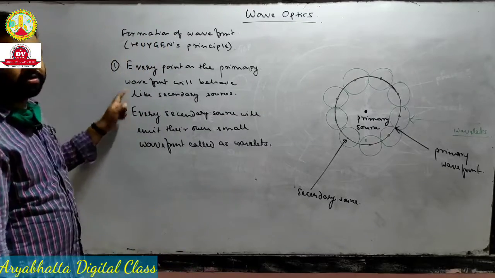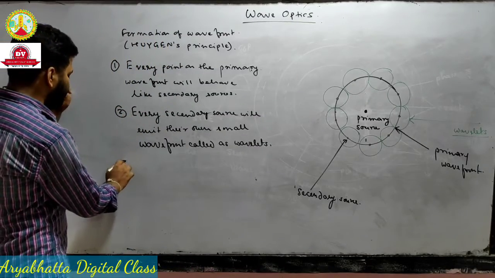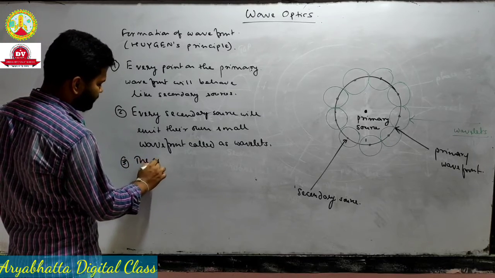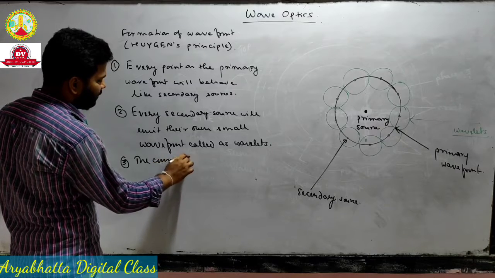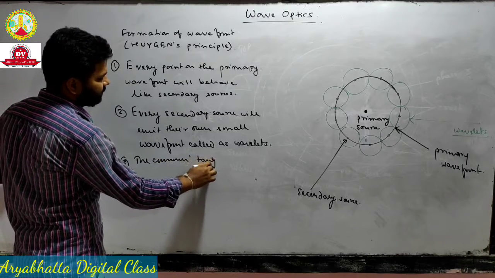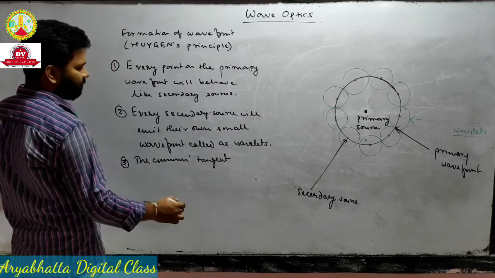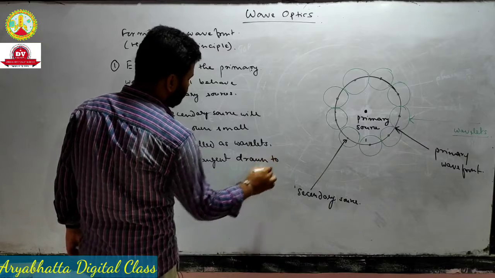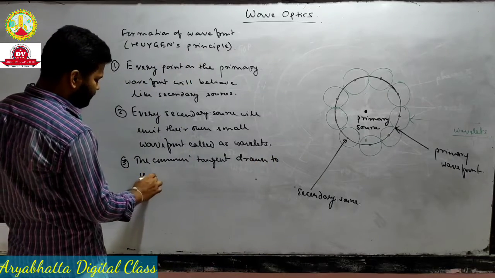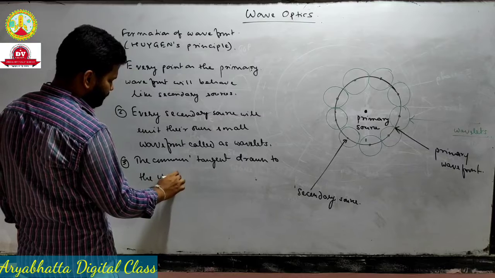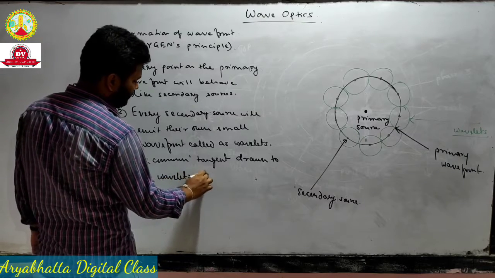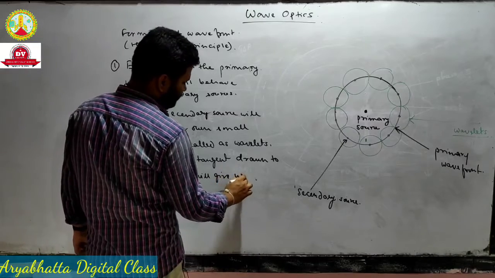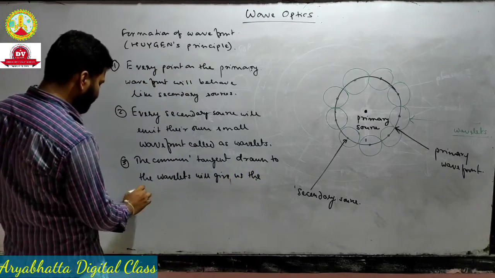Now these two are the first two points of Huygens' principle. The third principle is that the common tangent drawn to the wavelets will give us the secondary wavefront.